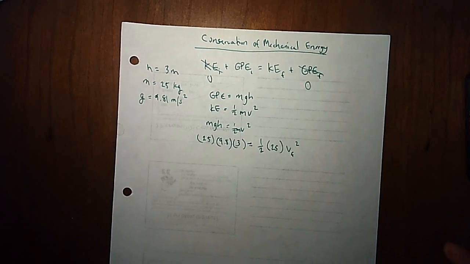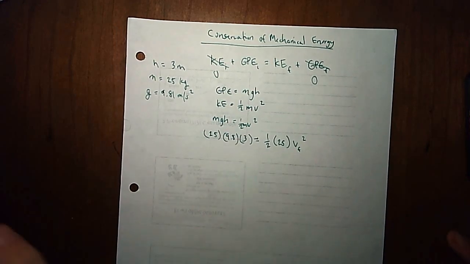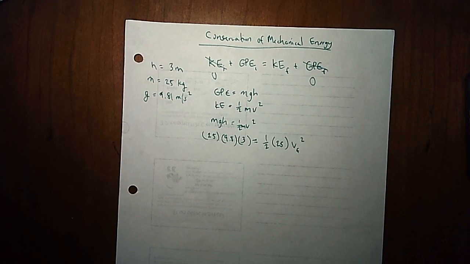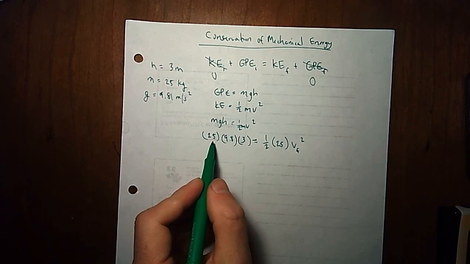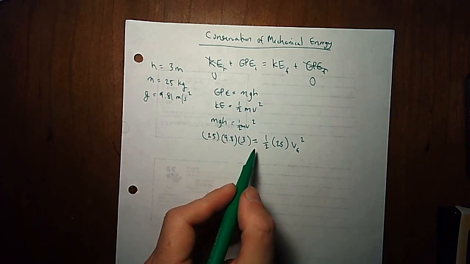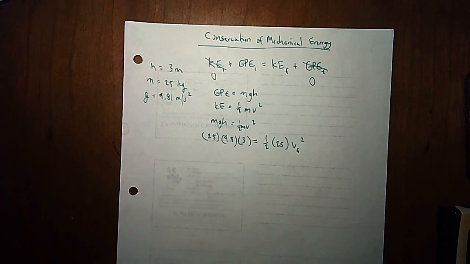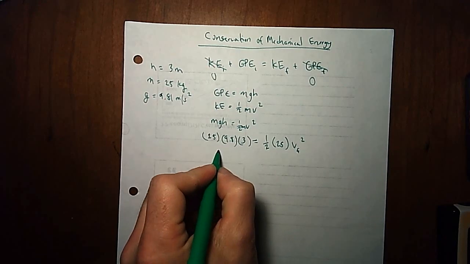So let's simplify this to find our final velocity. Grab my calculator here. All right, so this side's easy to simplify. It's simply 25 times 9.8 times 3, which we get 735.